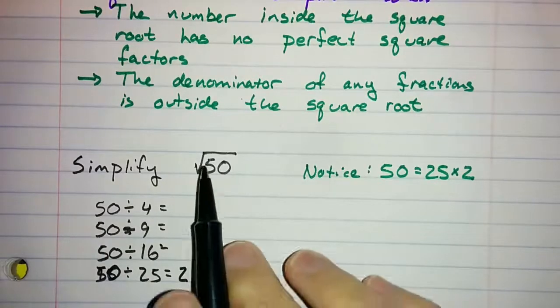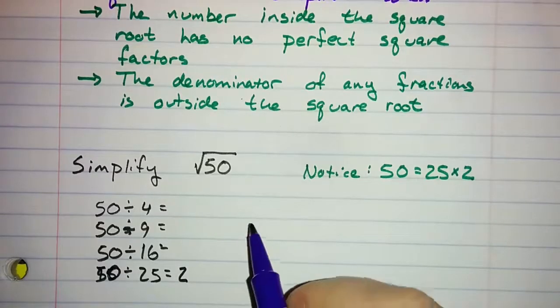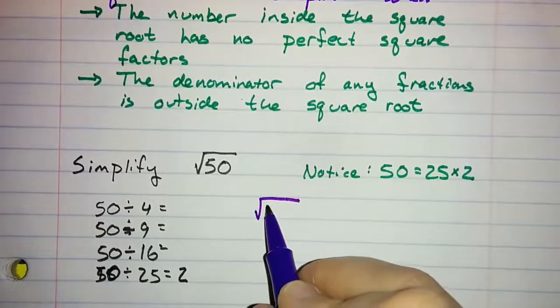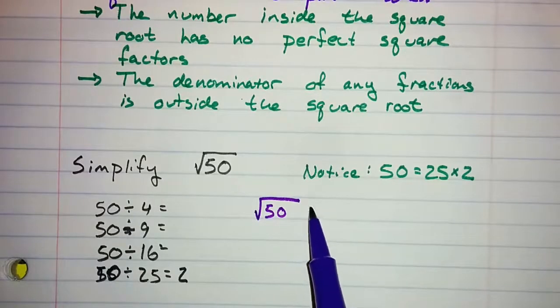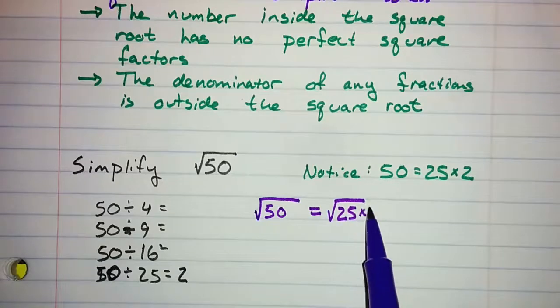All right. So, armed with the knowledge that 50 is 25 times 2, we have the square root of 50 equal to the square root of 25 times 2.